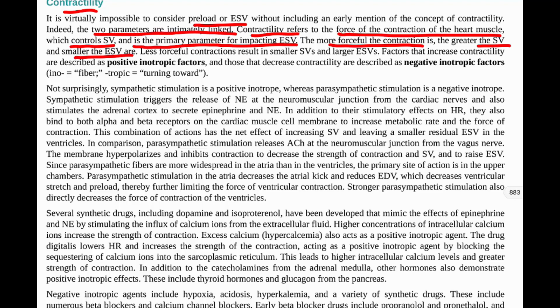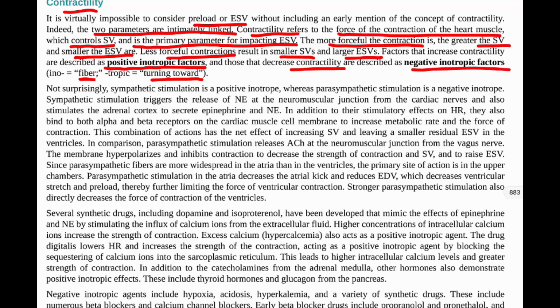Less forceful contractions result in smaller stroke volumes and larger ESVs. So factors that increase contractility are called positive inotropic factors. Ino meaning fiber, tropic meaning turning toward, and positive, so an increase. And those that decrease contractility are negative inotropic factors.